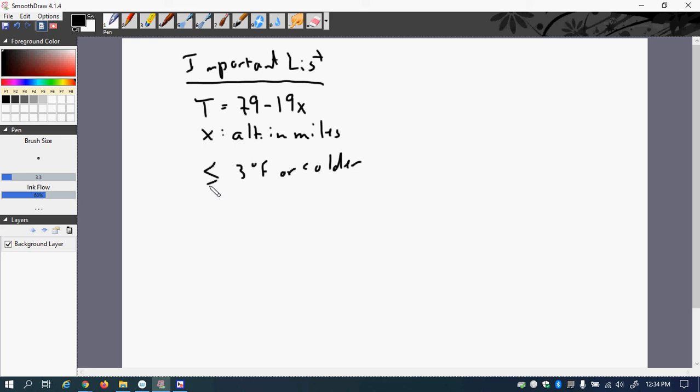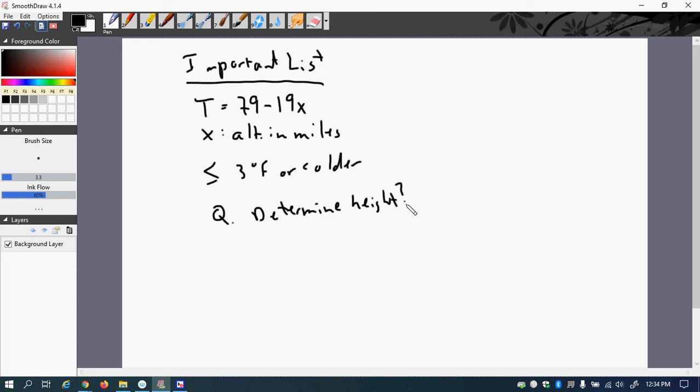And it says solve the inequality, determine the height at which clouds may form. So my question is to determine the height where they form. That's what I'm trying to determine, that height.